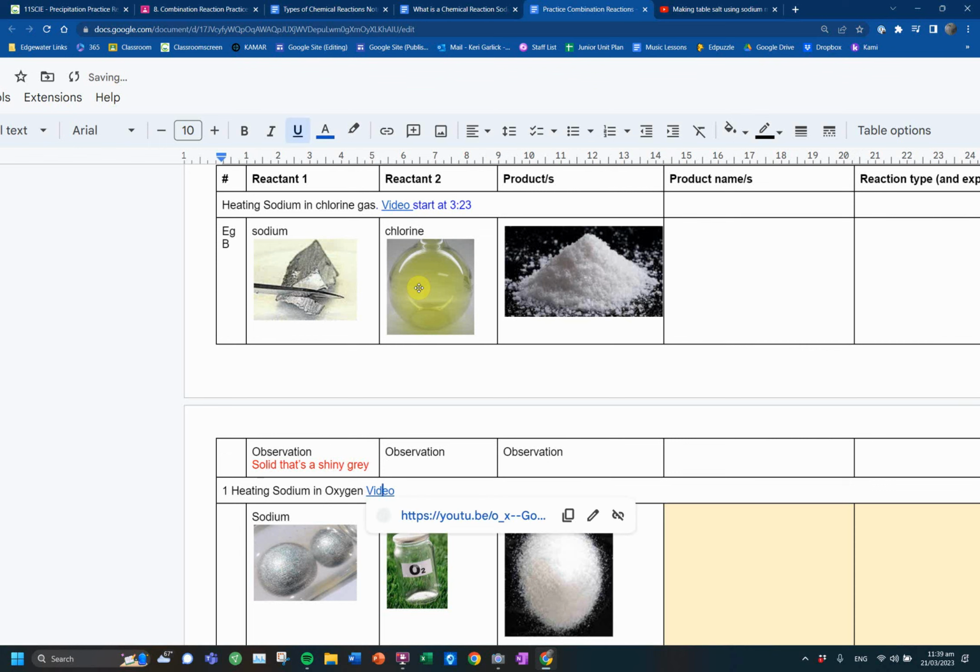All right, observation-wise, for the next one is our chlorine gas. So chlorine gas, when we are looking at it, solid, liquid, or gas? Gas. And what do we see about the color of it? Green, and yellow. Yeah, it's a pale green, it's a pale yellow.